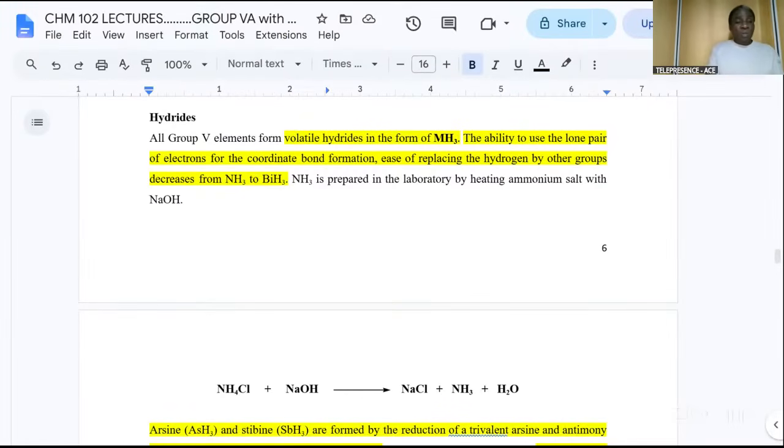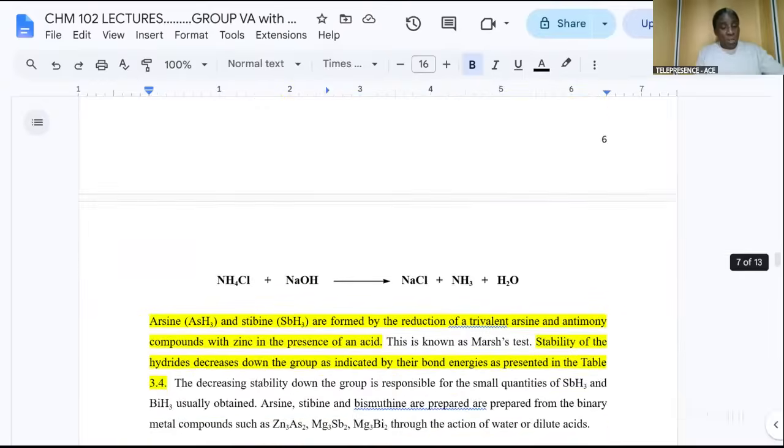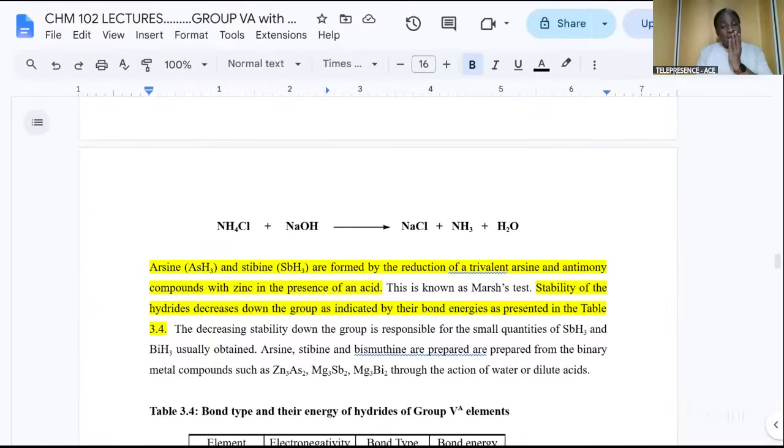The ability to use the lone pairs of electrons to coordinate is the ease of replacement of hydrogen by the other groups. When they lose these lone pairs of electrons, it is easier for them to form compounds with hydrogen. The preparation of ammonia in the laboratory is given next.